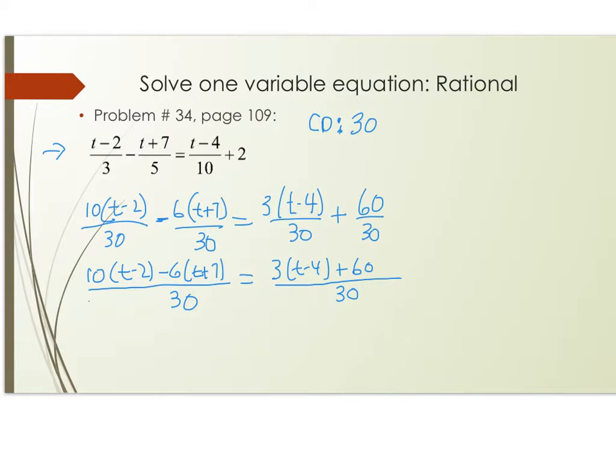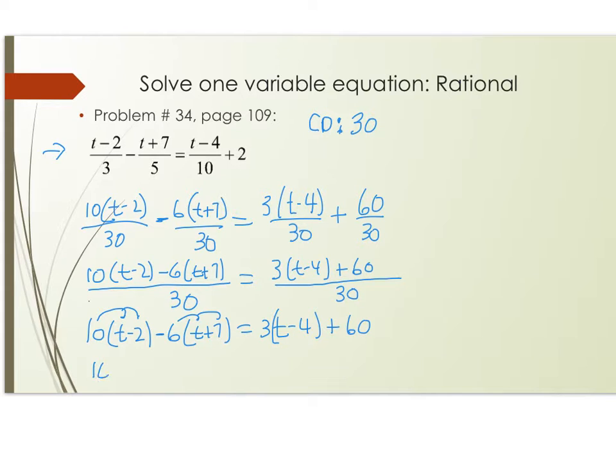Now I multiply through by 30, and when I do that, guess what happens? Well, I just end up with 10 times t minus 2 minus 6 times t plus 7 is equal to 3t minus 4 plus 60. Now we use the distributive property, obviously, on all of these.